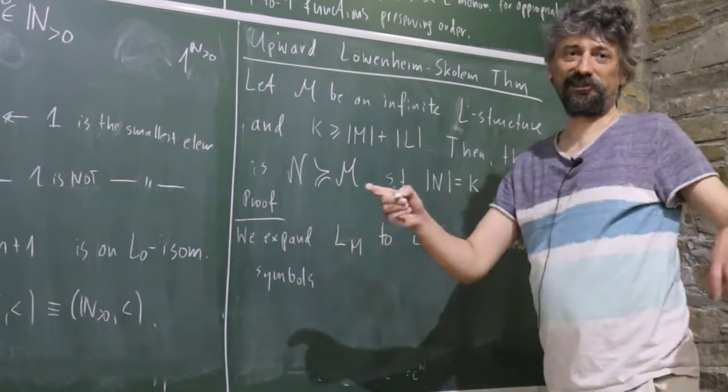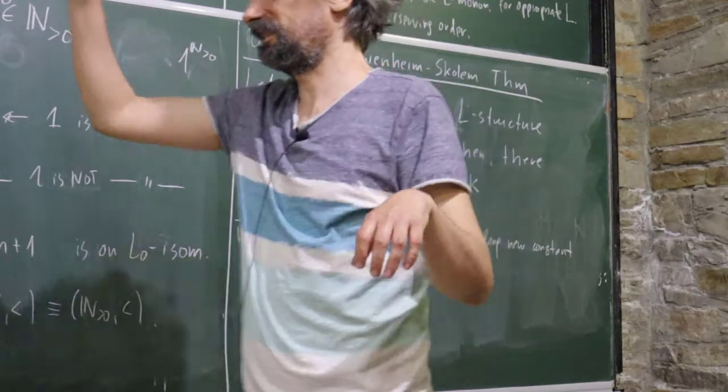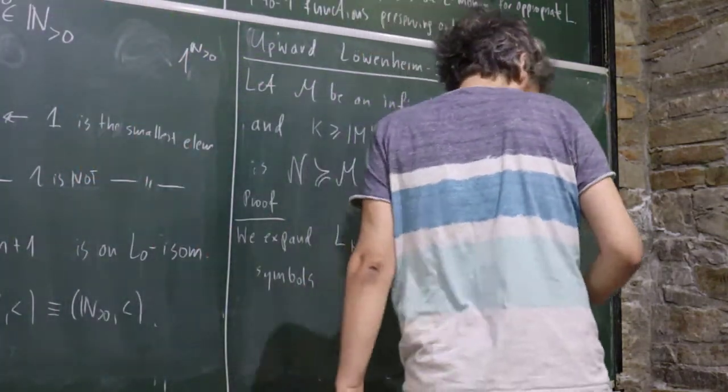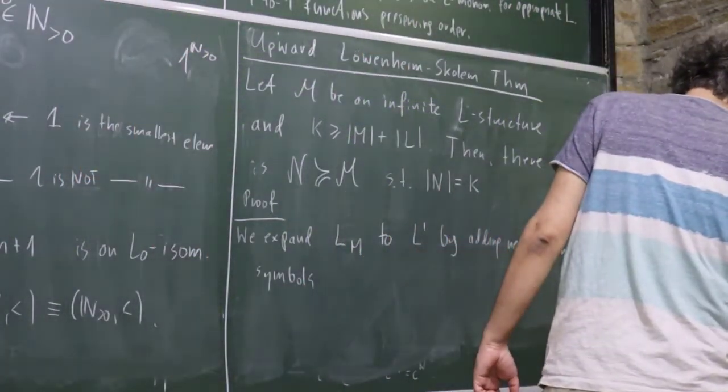So L has its constant symbols, there are extra constant symbols for all elements of M, and still we are adding kappa new ones. We can do such things.